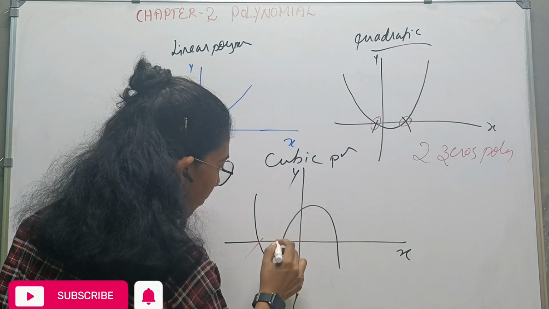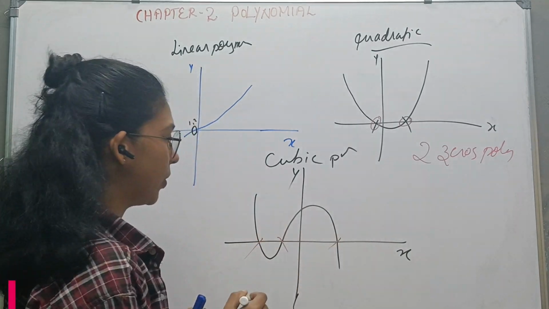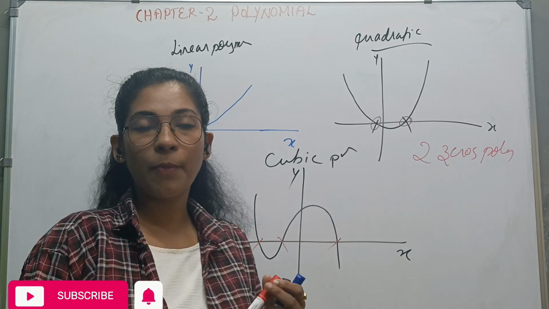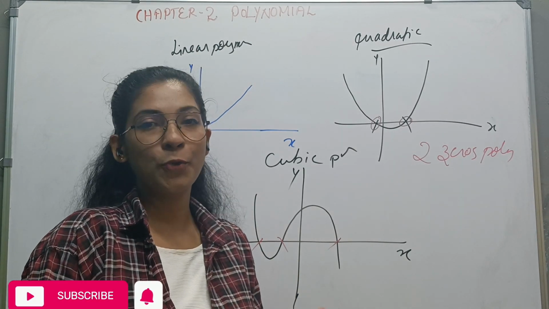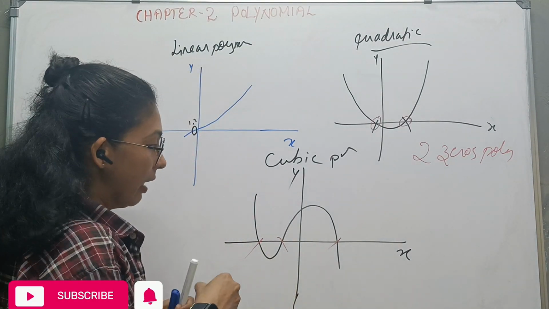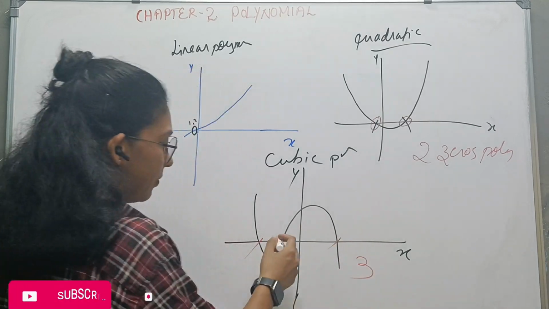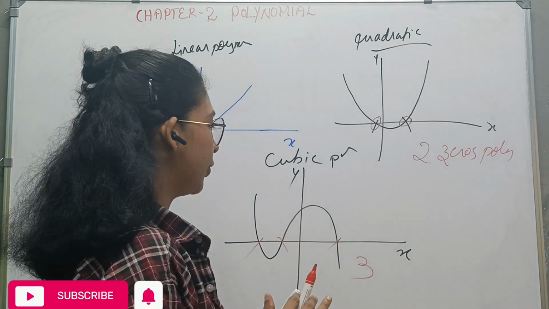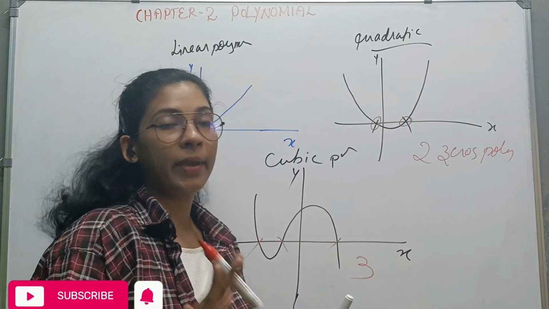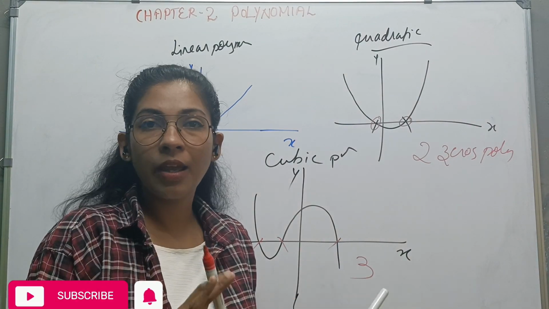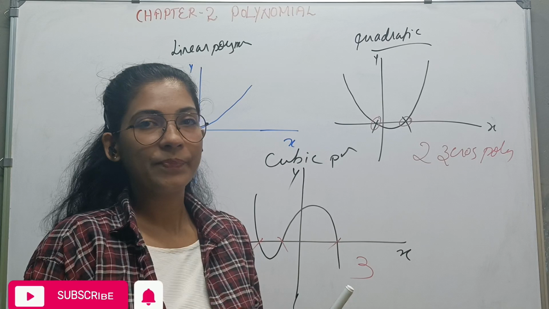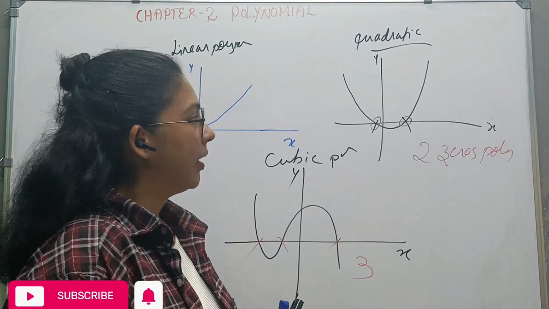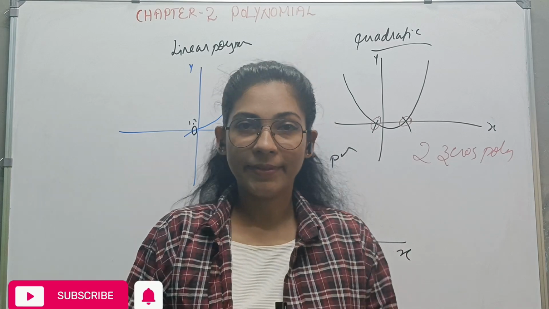Here is a point, and here also a point, which means the number of zeros of a cubic polynomial is always 3, because this line touches 3 points on the x-axis. So a cubic polynomial has 3 zeros. Hope it is clear for you. And let's move on to the next topic.